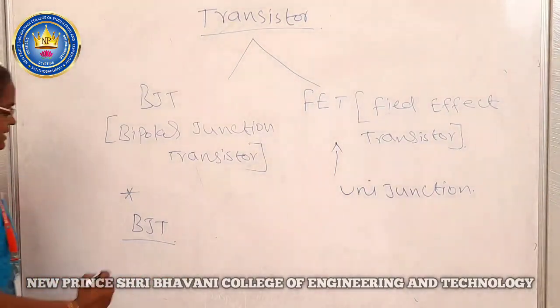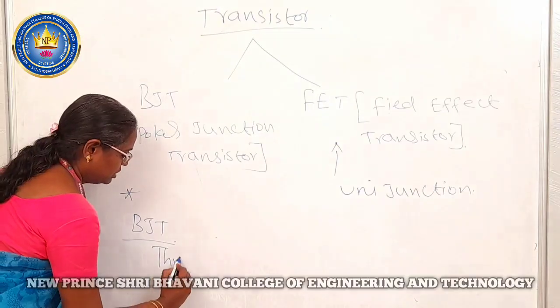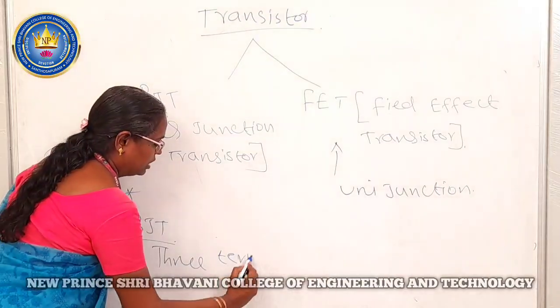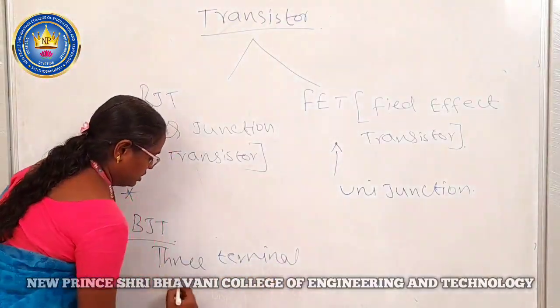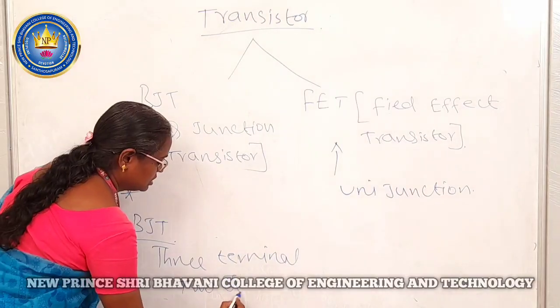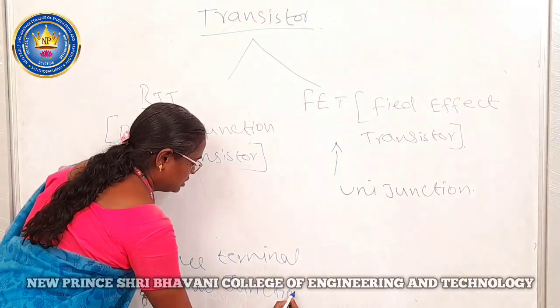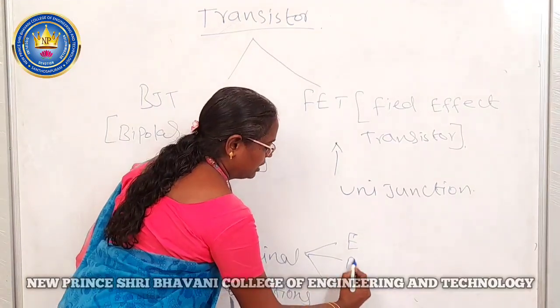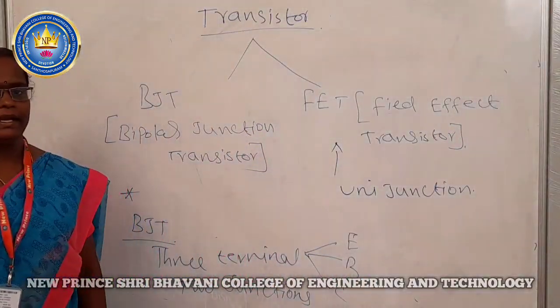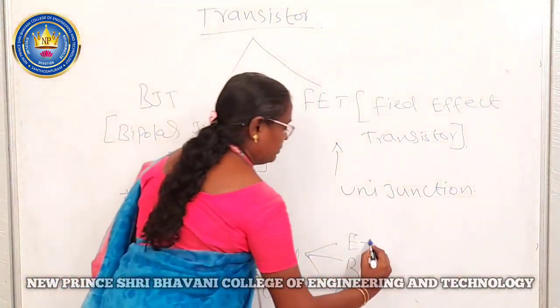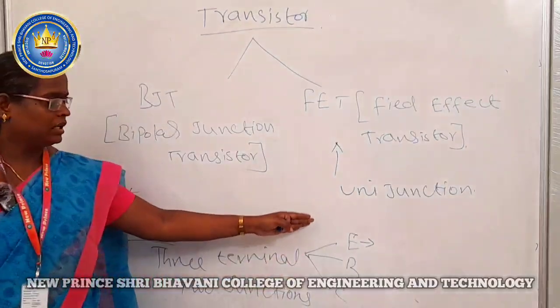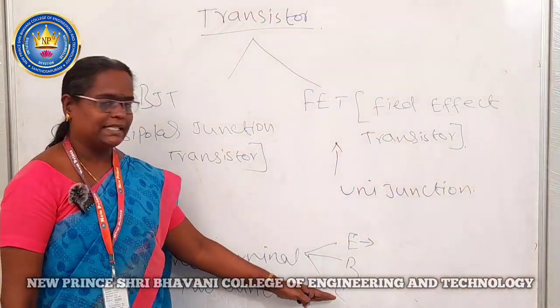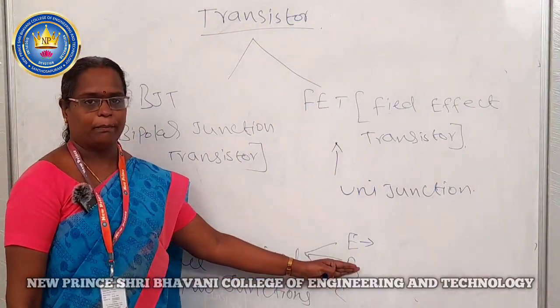BJT has 3 terminals and 2 junctions. The 3 terminals are named emitter, base and collector. Emitter emits the current flow towards the collector with the help of base.